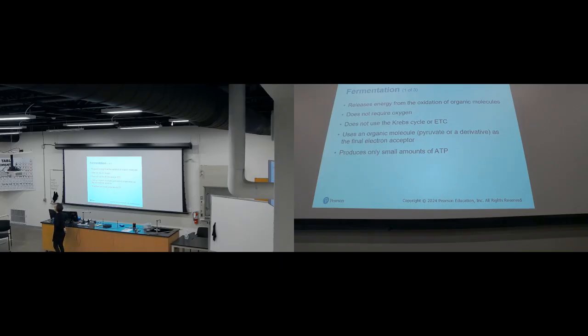The substrate for fermentation can be pyruvate or a derivative as a final electron acceptor. The derivative can be lactic acid, for instance. And although it's not efficient at all, like it produces very small amounts of ATP, the byproducts of fermentation are important for us.